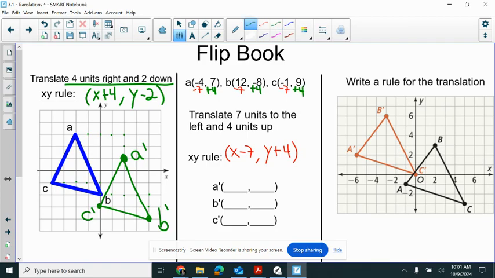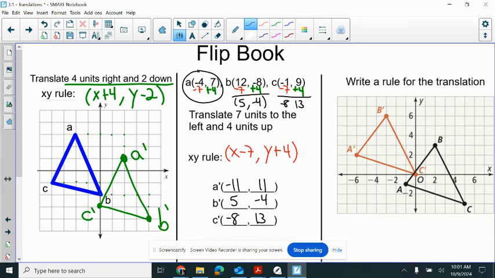So I do that to each ordered pair to figure out my new numbers. For A prime, it would be negative 11, 11. For B, 12 minus 7 is 5, negative 8 plus 4 is negative 4. So that would be B prime. Negative 1 minus 7 is negative 8, 9 plus 4 is 13. Whatever the rule tells you to do to the x, you do to the x coordinate, and the same for the y coordinate.